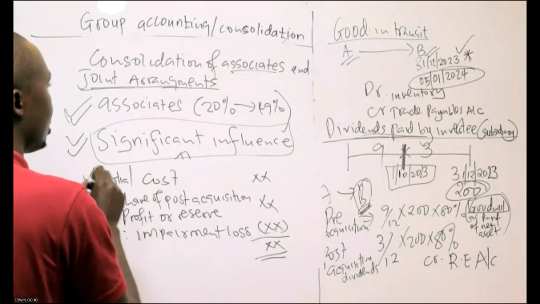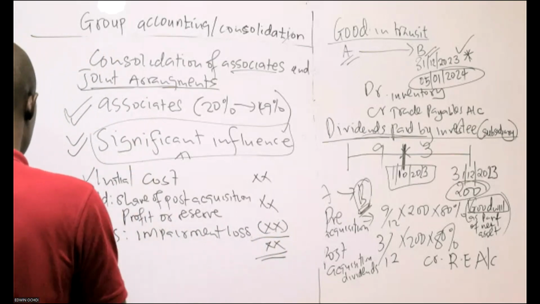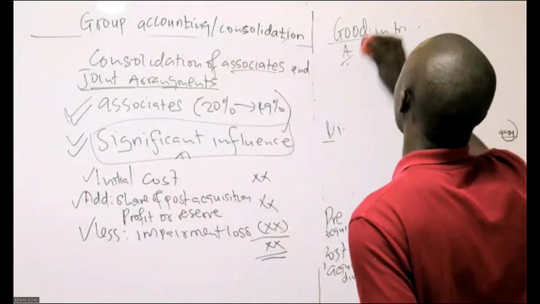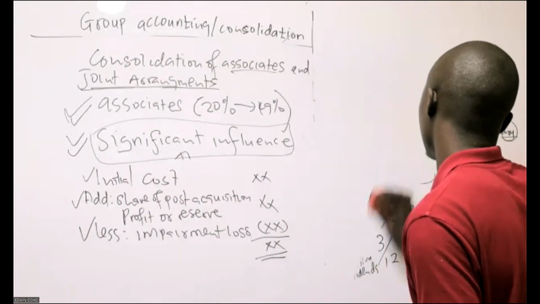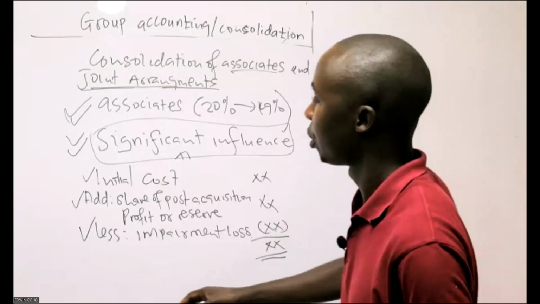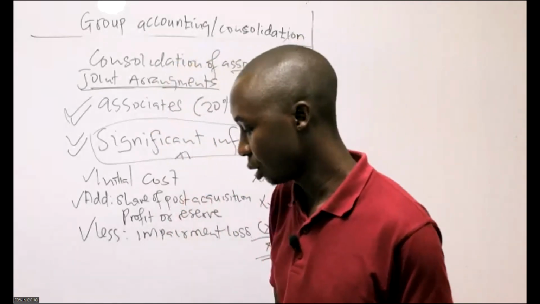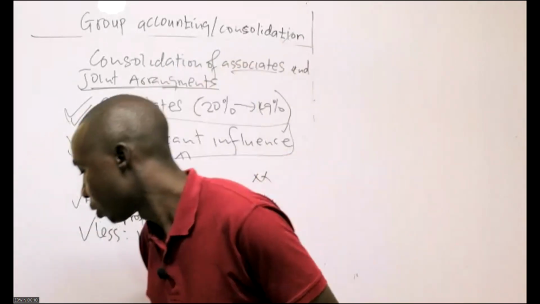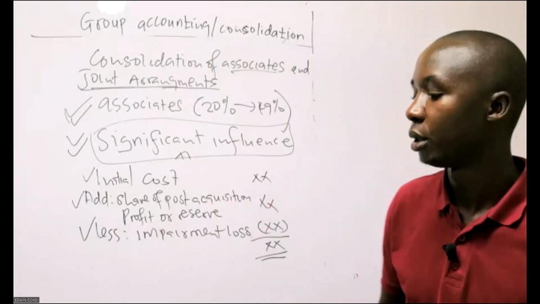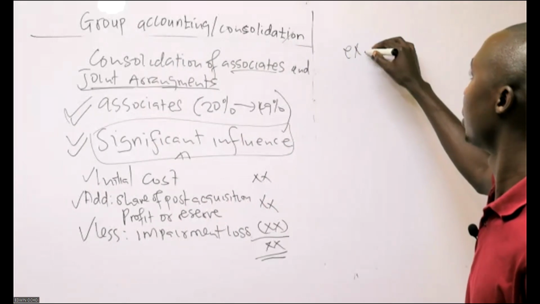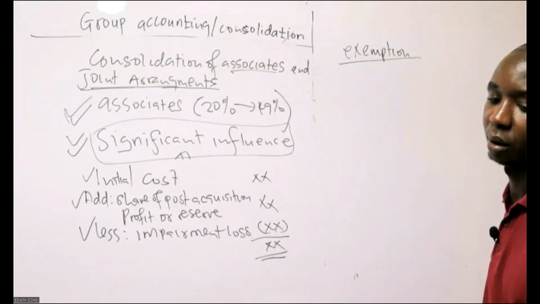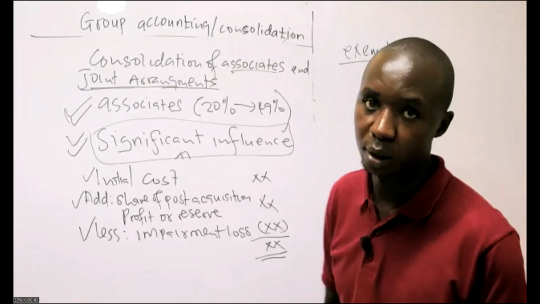But there's a time you will find that there are exemptions to the use of the equity method. In which scenario can the parent be denied the opportunity to use the equity method to account for the associates?